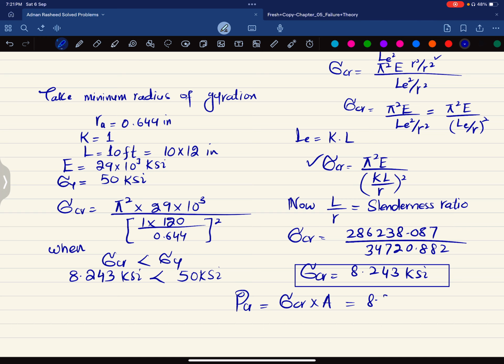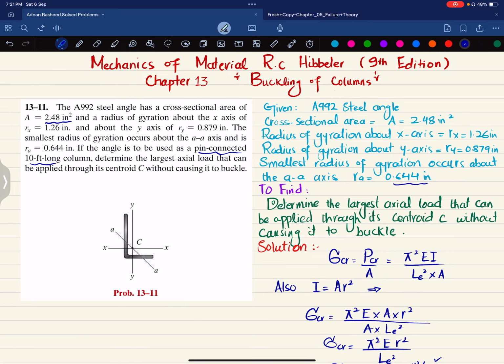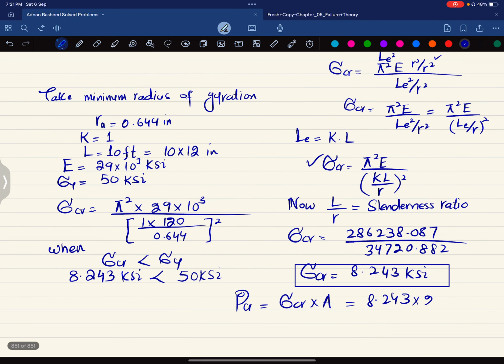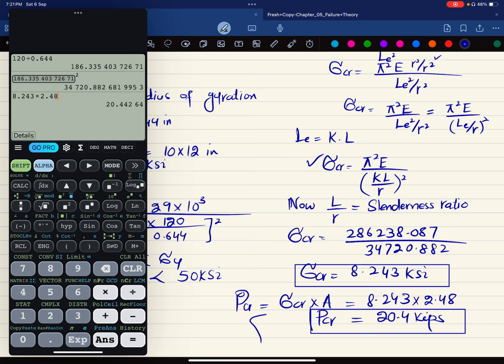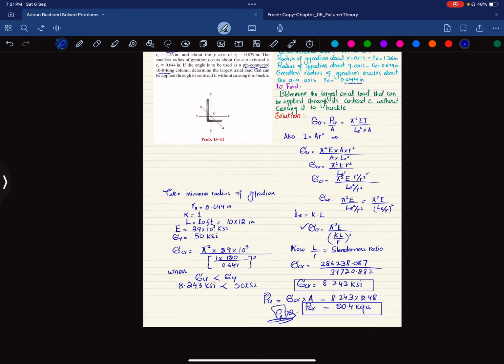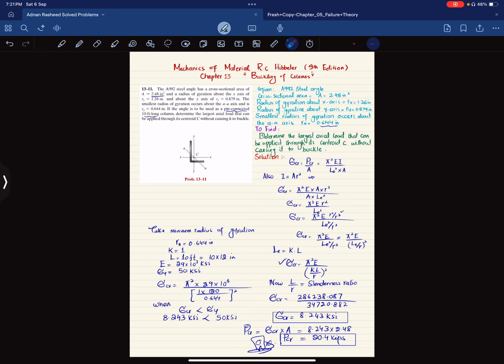So 8.243 multiplied by the area given as 2.48, and we get the critical load that will not produce any buckling. This is the maximum load which can be applied, and that is 20.4 kips. So this is the maximum allowable load that can be applied to this A992 angle column, which is 10 feet long and pin connected, and it can support this load without buckling.